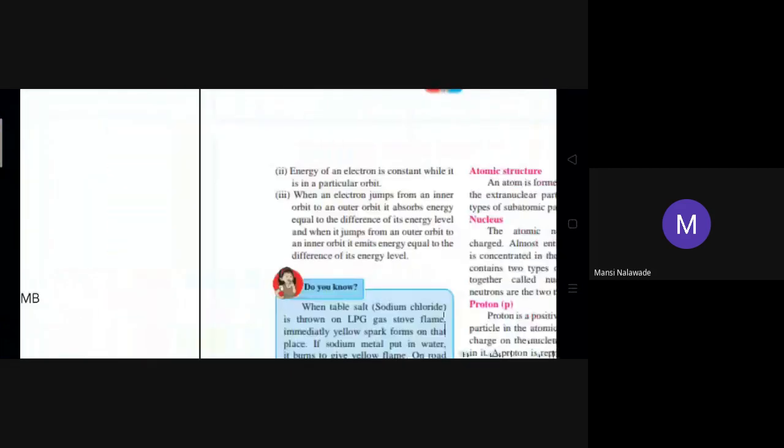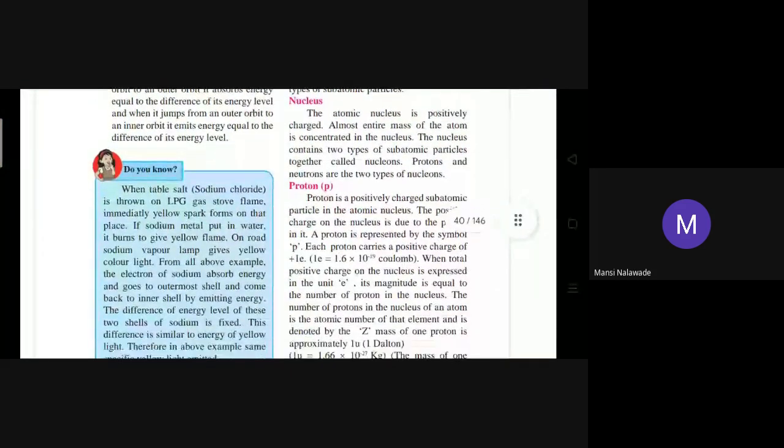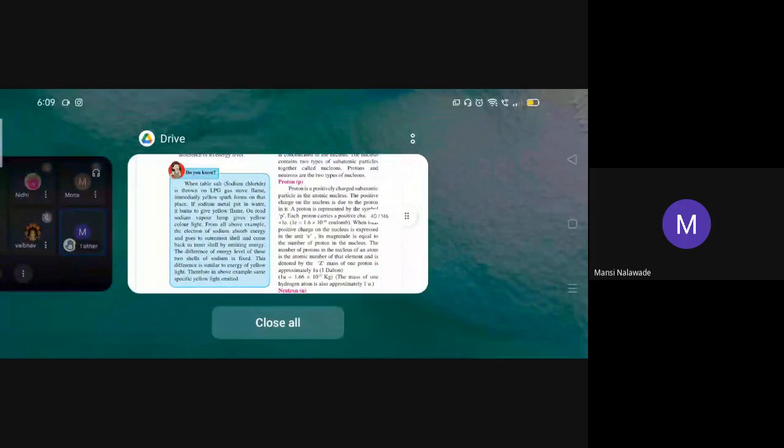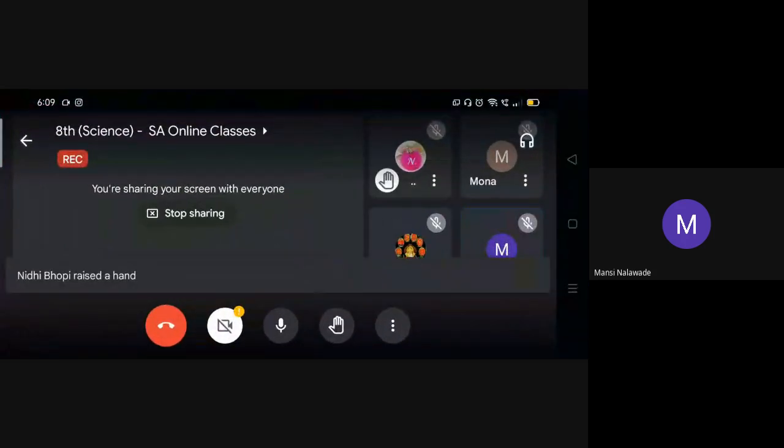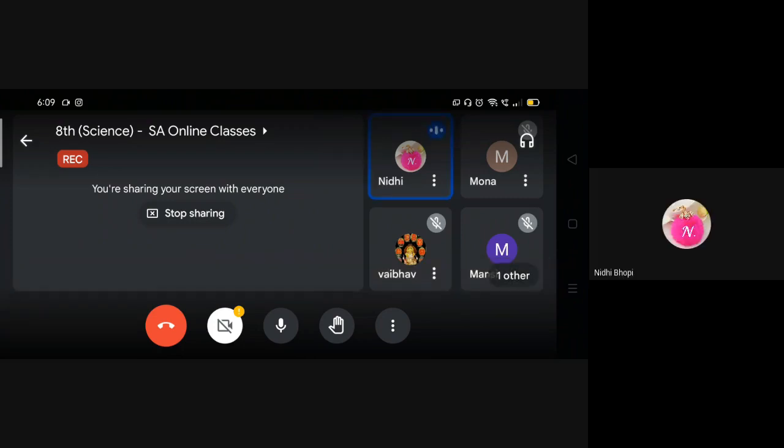Okay. Tell me something about proton. Anyone? What is proton? If you are asked to write a note on proton. Yes, Nidhi. Yes, ma'am. The proton is a positively charged particle denoted by symbol p, small p. It is located in the nucleus of an atom.